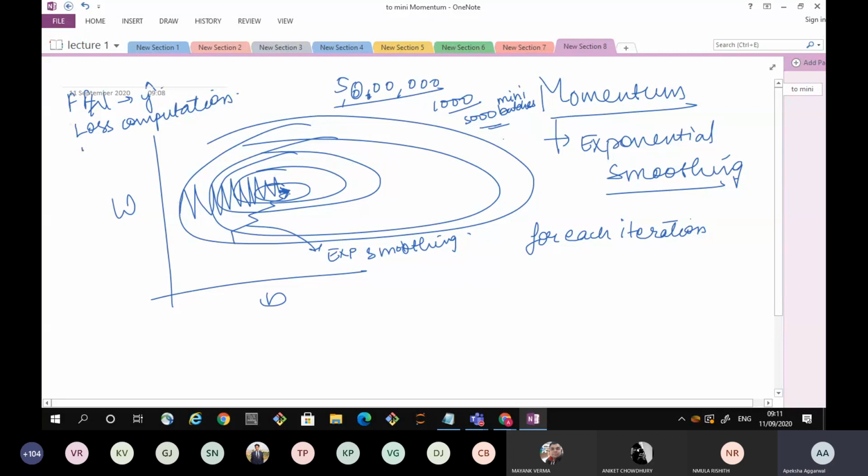Then we calculate the loss with respect to dw and db, that is, we calculate the gradients, and then we update w and b. These are the 4 steps that we always follow.